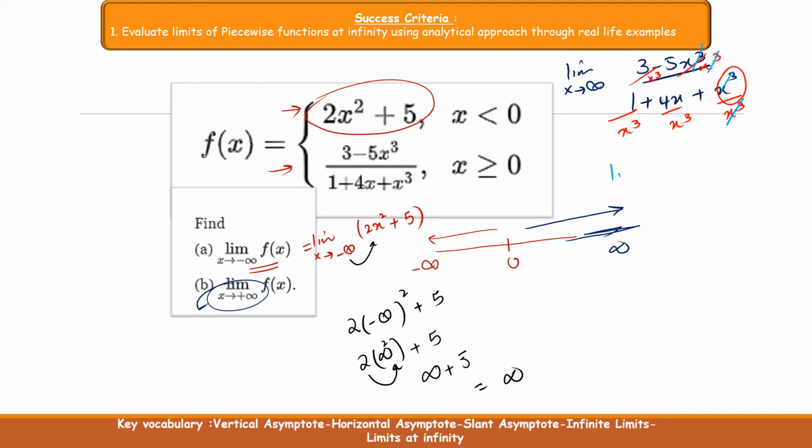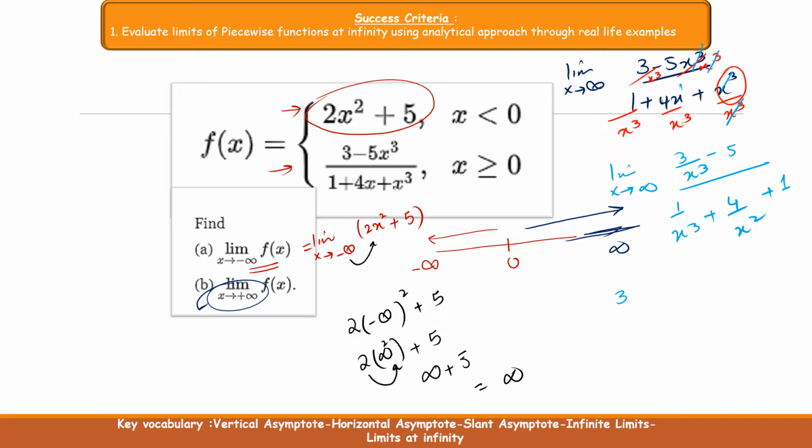Now solve it. Limit as x approaches infinity: 3 over x cubed stays as it is, minus 5, divided by 1 over x cubed plus 4x over x cubed, which gives 4 over x squared, plus x cubed divided by x cubed, which gives us 1.